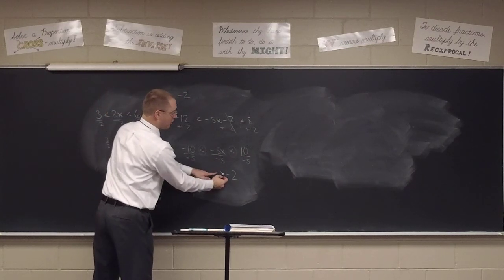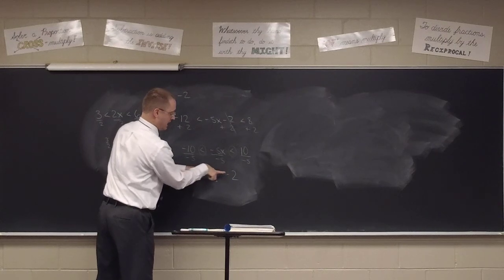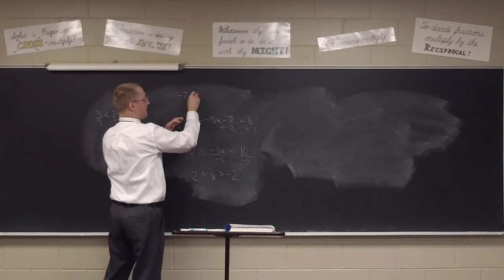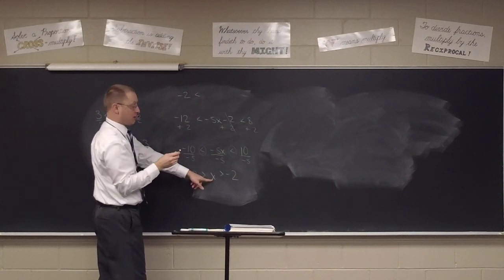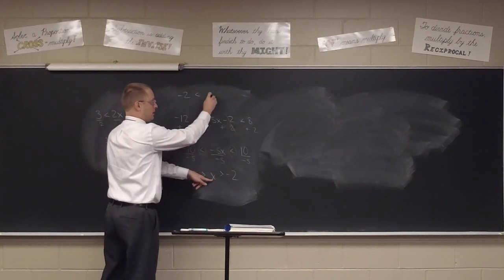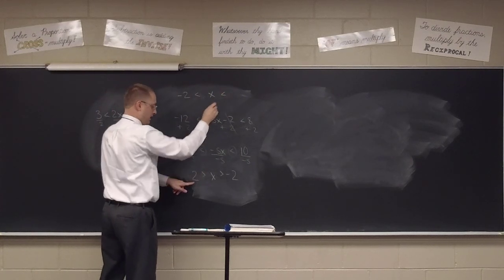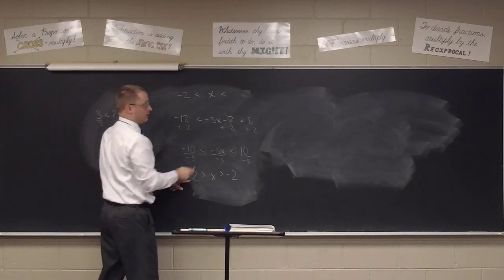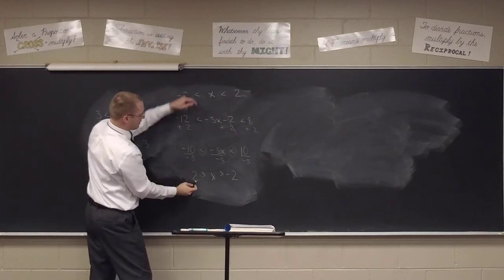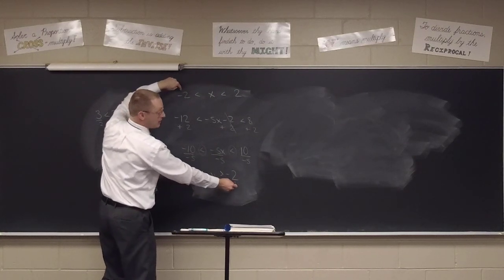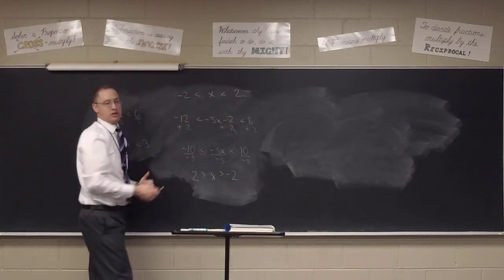Then this symbol, the point still needs to aim at the negative 2 as I flip it. So when I flip it this way, it becomes a less than. Then, of course, we get our x. This symbol flips around, and then finally this appears at the end. So it still says that 2 is bigger than x, which is bigger than negative 2. But now it's written in the correct order.